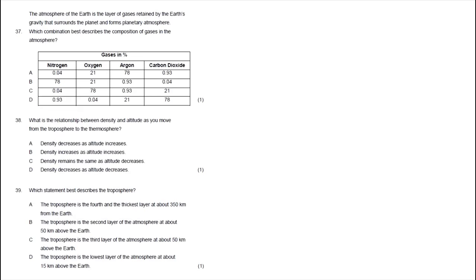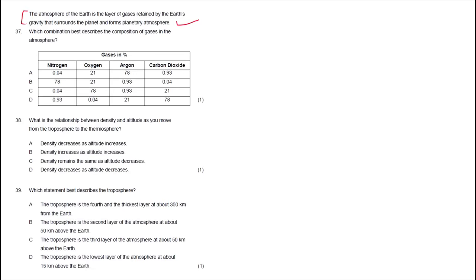So question 37 says that we are given a statement which says that the atmosphere of the Earth is the layer of gases retained by the Earth's gravity that surrounds the planet and forms planetary atmosphere. So now the question is, which combination best describes the composition of gases in the atmosphere?